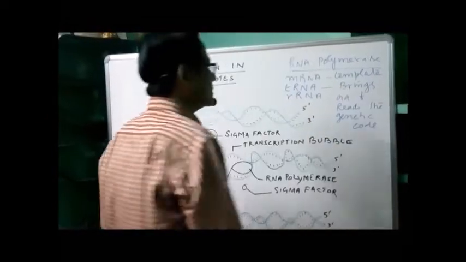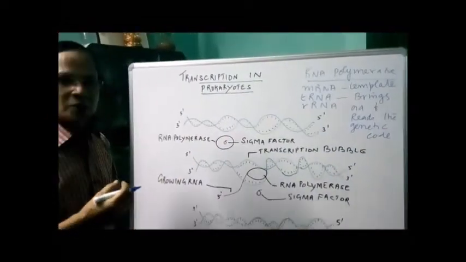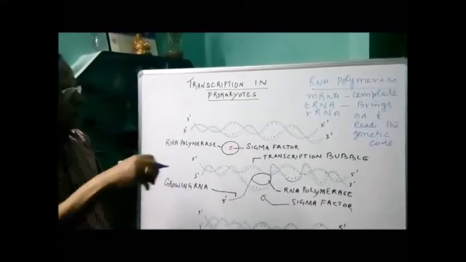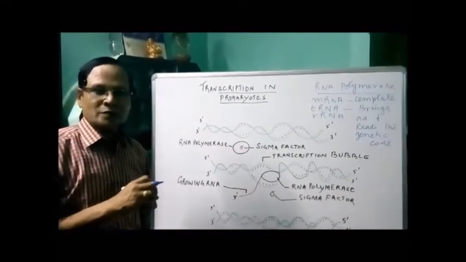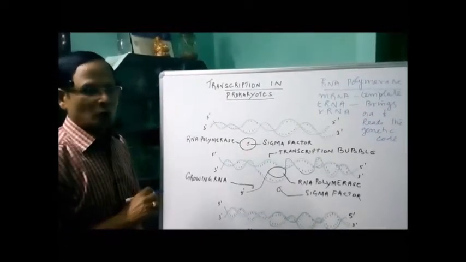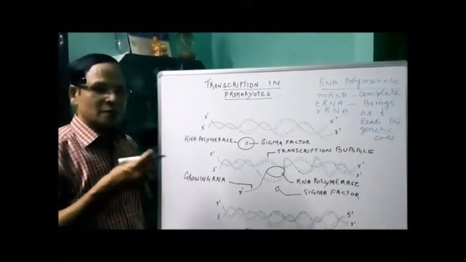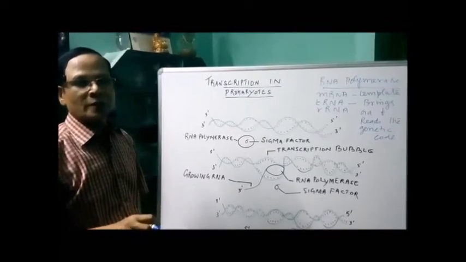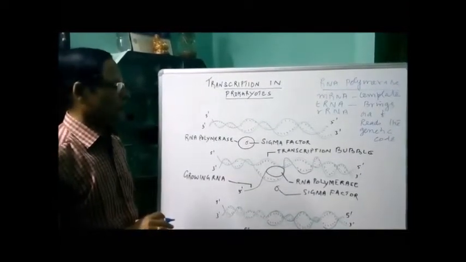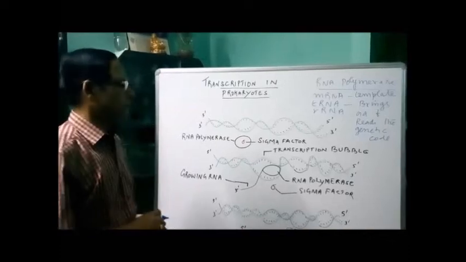In messenger RNA we have the message in the form of codons, and that message is read by tRNA to select the right type of amino acids from the cytoplasm. We'll talk about this under the translation process.